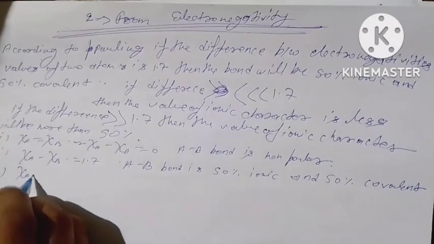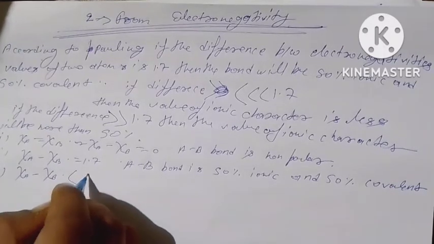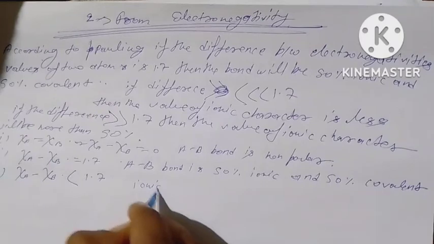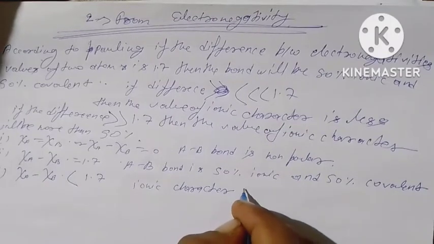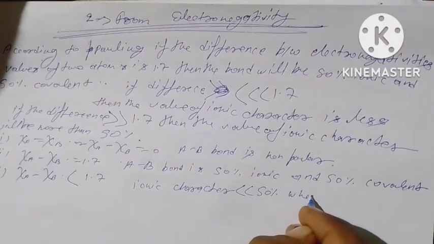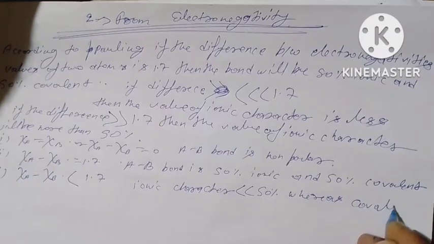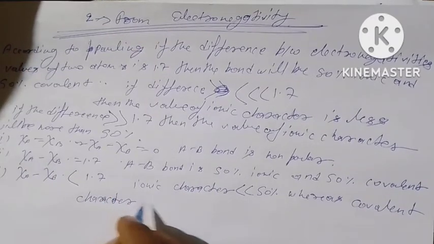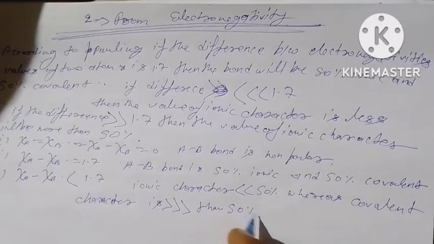Third point, when chi A minus chi B is less than 1.7, then the ionic character of the bond is less than 50%, whereas covalent character is more than 50%.